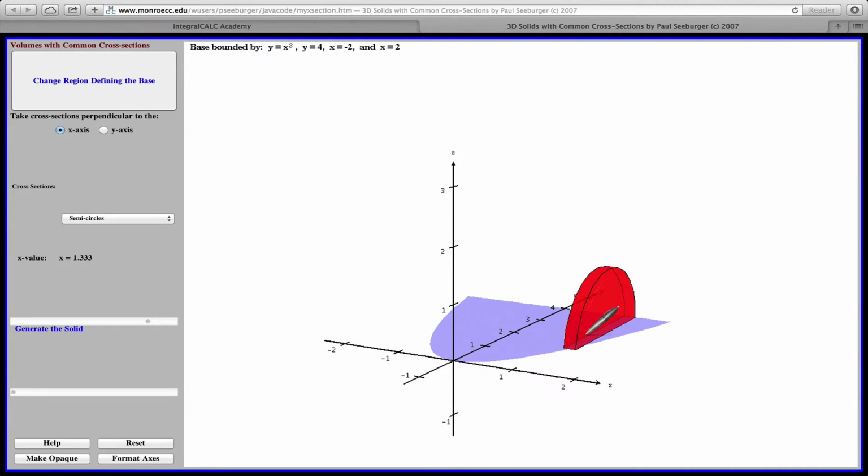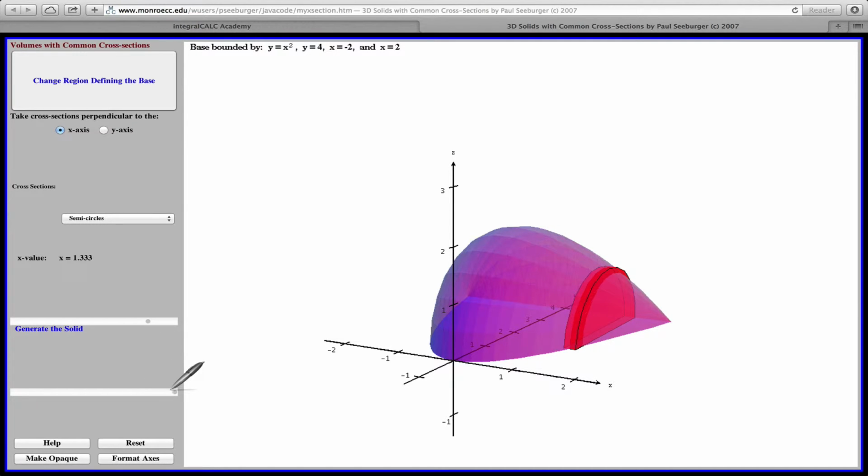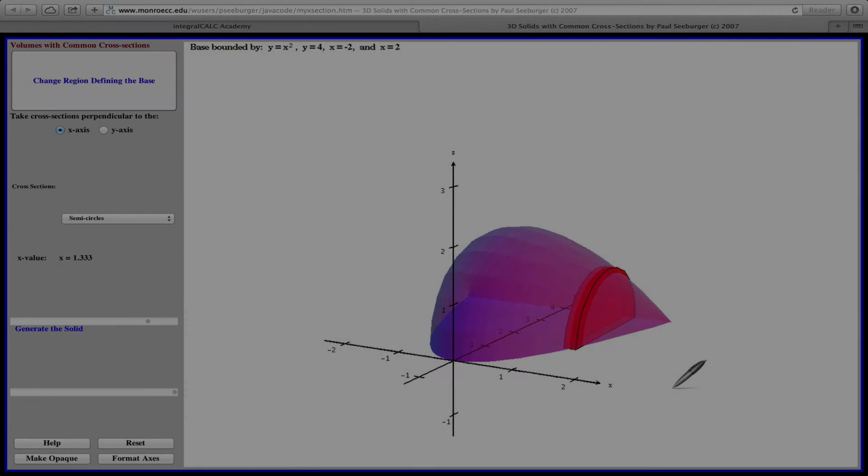We know the formula for the area of a semicircle. And then the height would just be dx, all right? And that would give you the volume of this particular shape. And then once again, we want to take that shape and add up, using calculus and integration, an infinite number of those semicircles. And so that's what the idea of the volume by cross sections is all about.